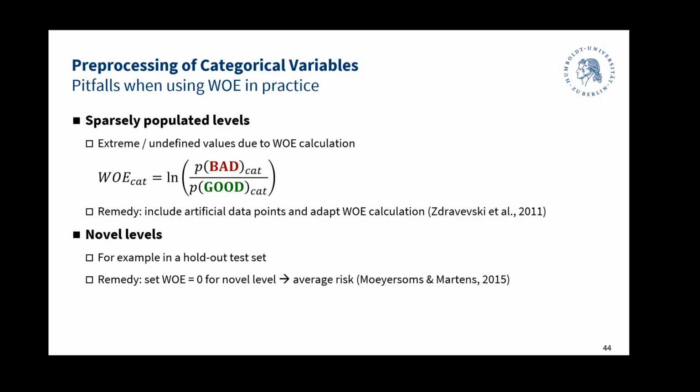So you don't know how the category level cash impacts your risk. And then Moyers and Martins say, well, then the most reasonable value for the weight of evidence is 0. 0 means good and bad are equally likely. I haven't seen this level before, I don't know anything about it. And that is a plausible way to address the fact that in the test data there might be some new category levels where you would not know the value of the weight of evidence.